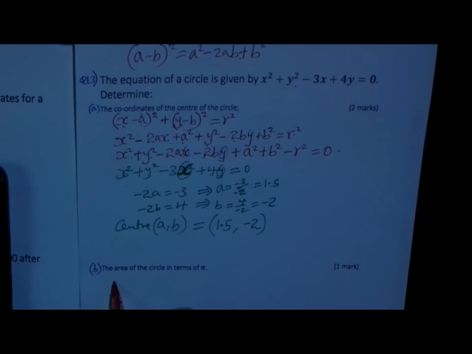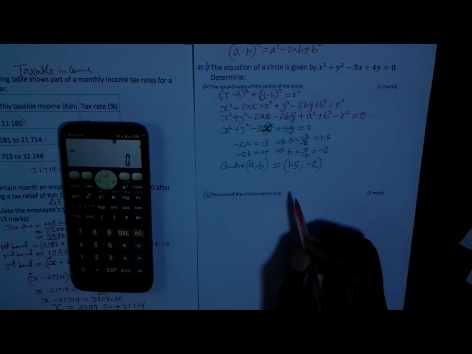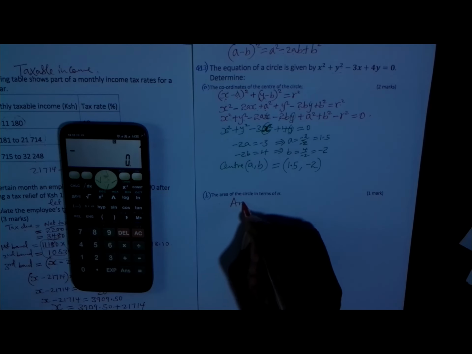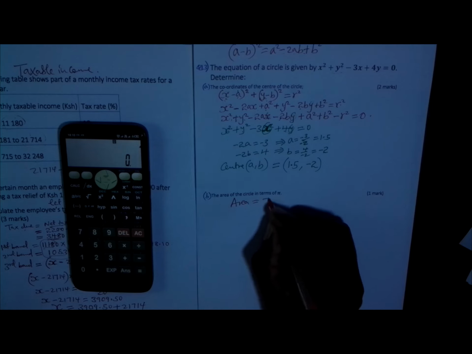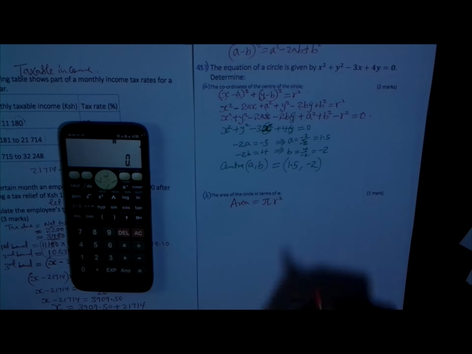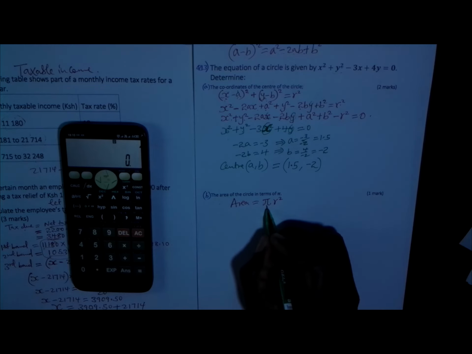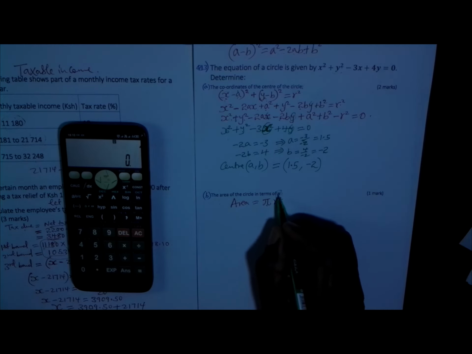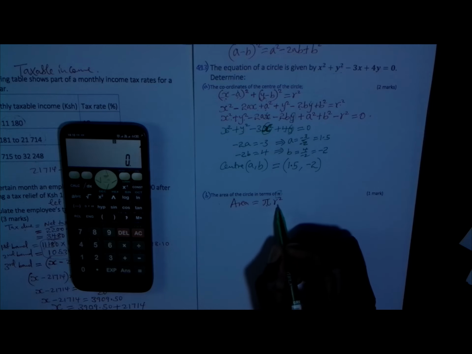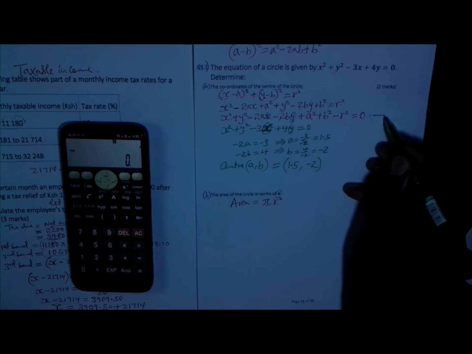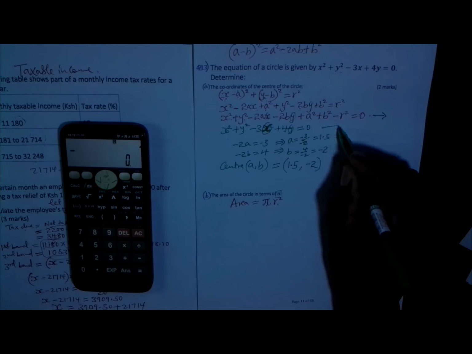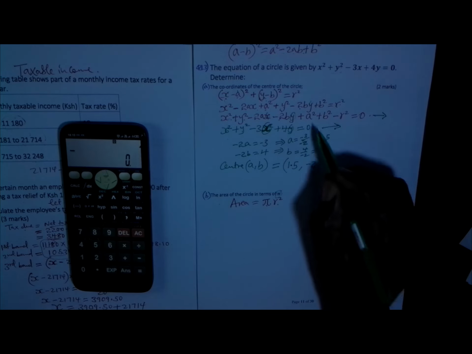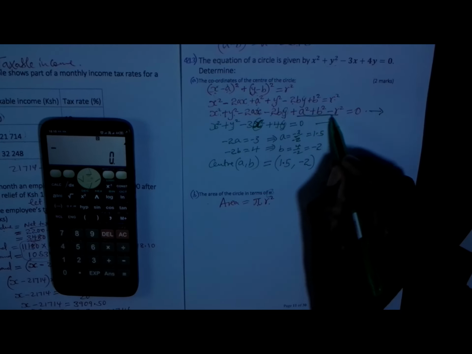Then we need to find the area of the circle in terms of pi, knowing that the area of the circle is given by pi r squared. But we don't have to substitute pi since we have to leave it in terms of pi. So r squared still comes from the given equation, so let us compare this particular part.